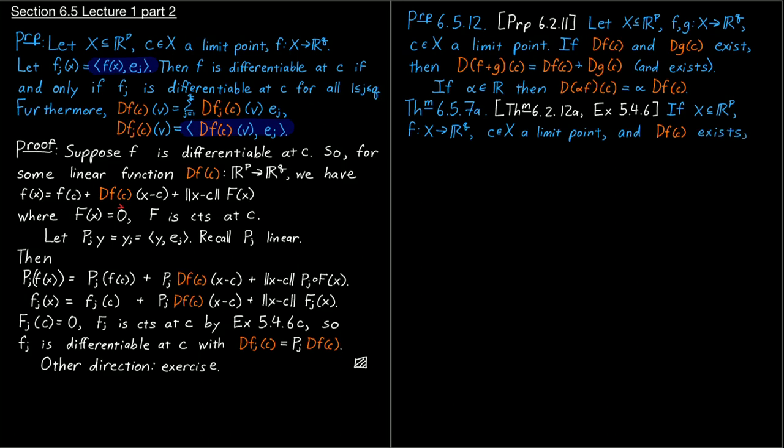Then you use the proposition to break down into the components, show that they're differentiable. You use theorem 6.2.12a to show the components are all continuous, and then you put it together using example 5.4.6. You get that f is continuous, at least at the point where your derivative exists.